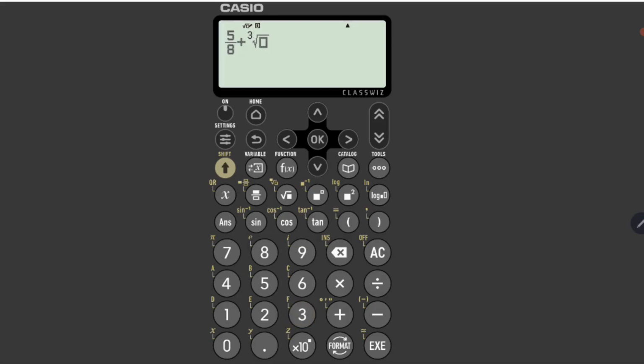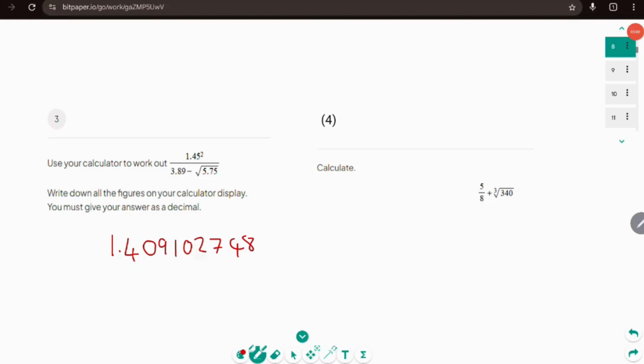You need a 3 here. Use your arrows to move over, and you've got 348 under your cube root. And then your answer, which is 7.604532047.